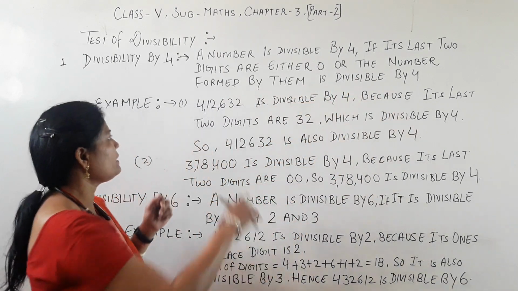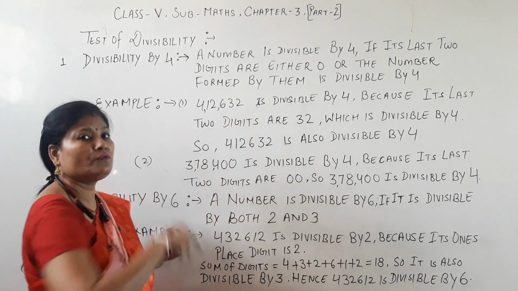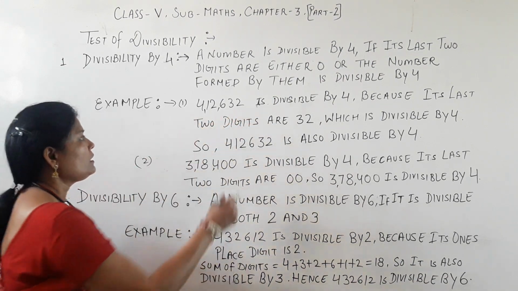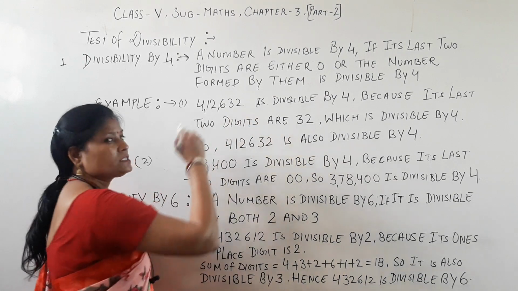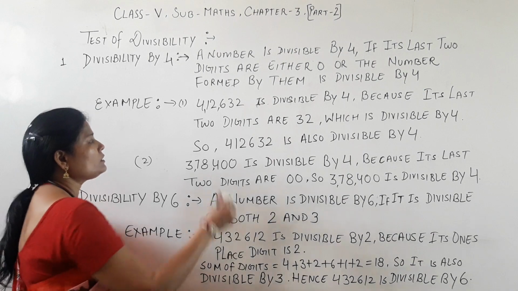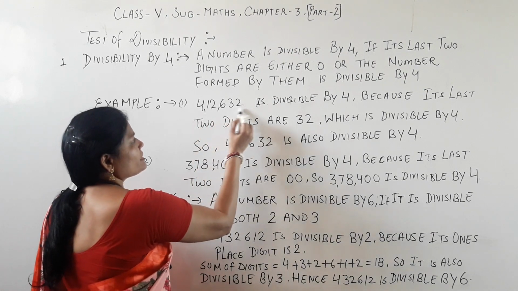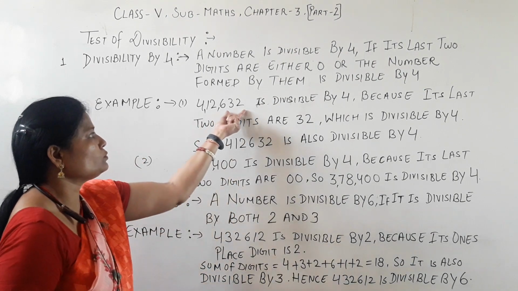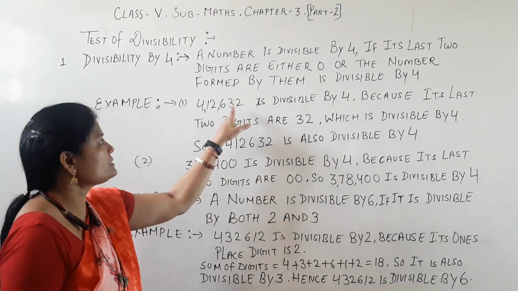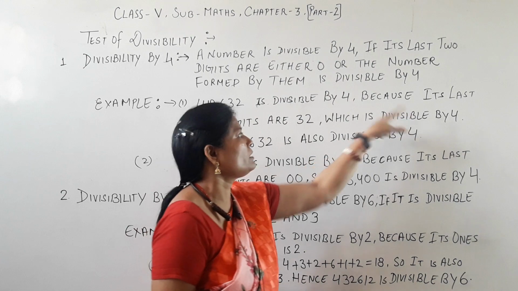If the last 2 digits are 0, then the number is divisible by 4, or if the number ends with the last 2 digits 32, and 32 is also divisible by 4, we can say that this number is divisible by 4.